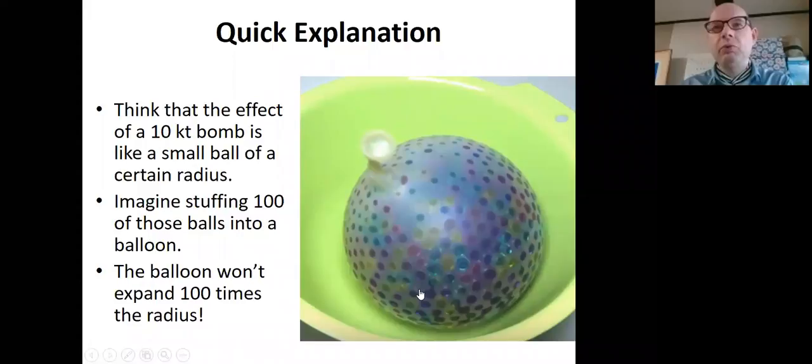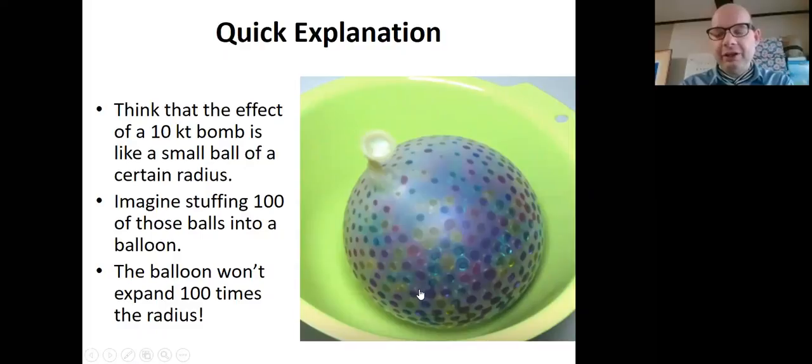So let's say we're looking at the effect of buildings collapsing, that would be 1 kilometer or something like this. So that's the size of the ball. Now, if you have 100 balls, that's going to be equivalent to 1 megaton, right? 100 times 10 kilotons is 1 megaton.